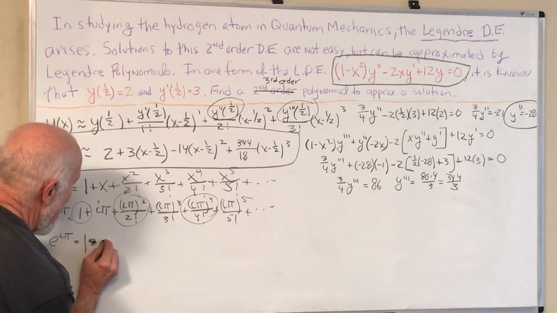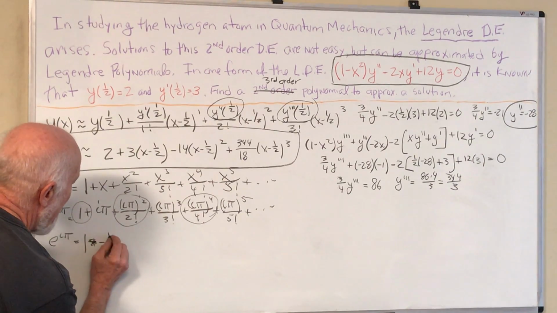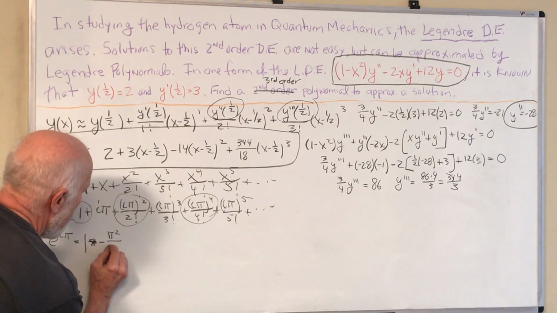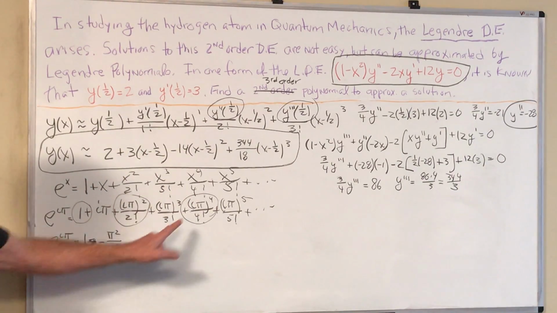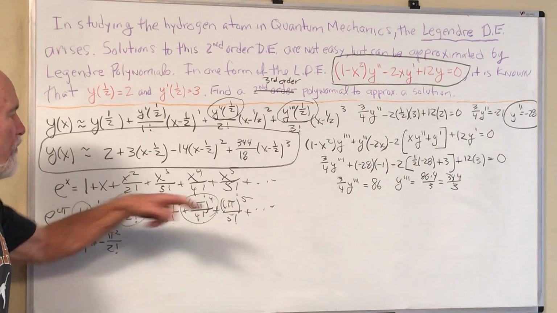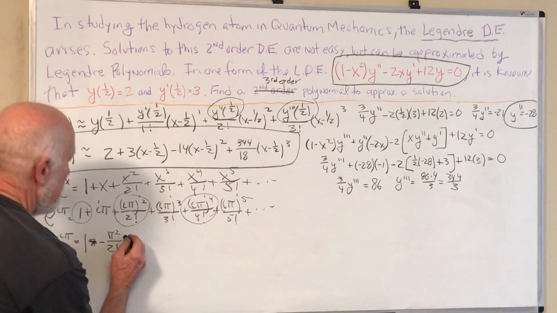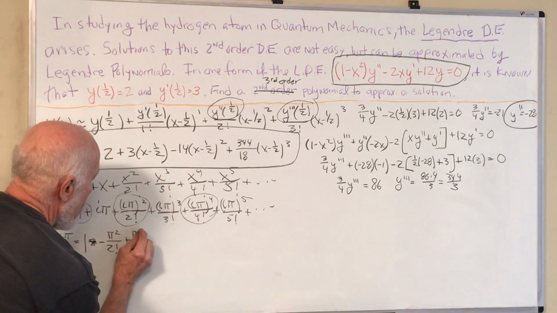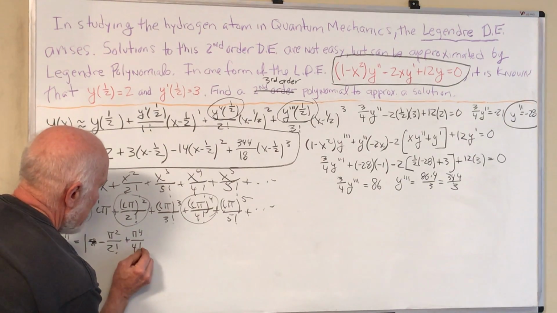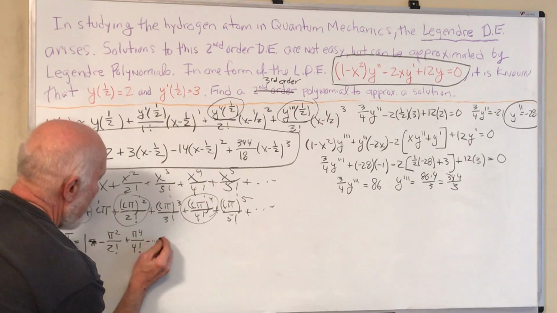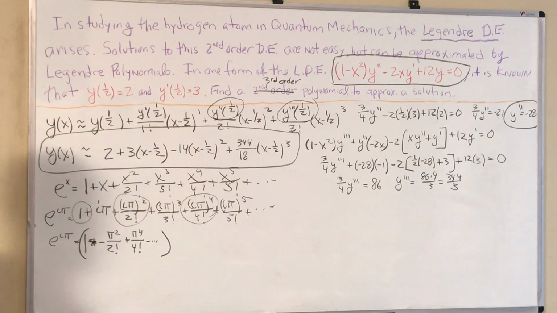So this is actually minus pi squared over 2 factorial. And then this term, I to the 4th, is equal to 1. So we have plus pi to the 4th over 4 factorial. And it keeps going. So we have that.